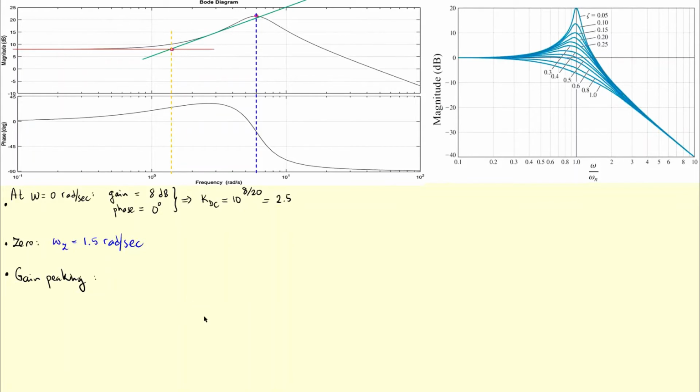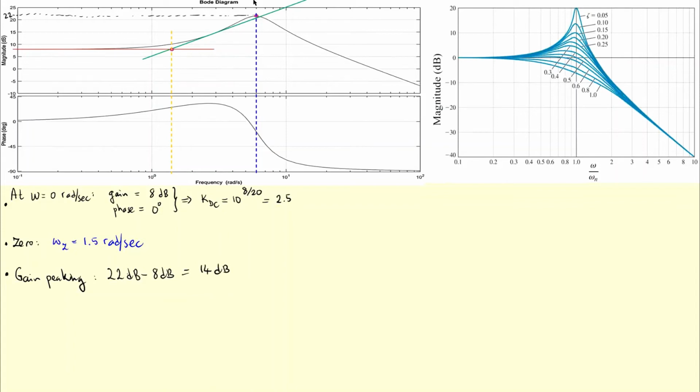So if I now say gain peaking is 22 dB minus 8 dB, because that part, if I make a horizontal line for that part, is approximately 22, maybe 21, so 22.